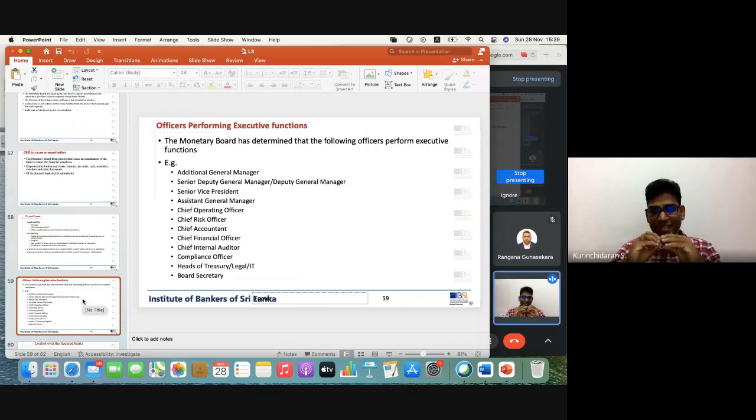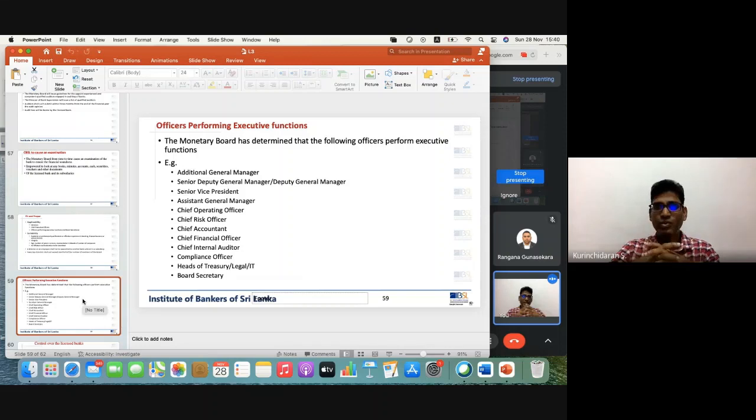So whenever we say officers performing executive functions, these are listed here, right? Who can be considered as the officers performing executive functions, because it's bank to bank, it's a different hierarchy. Some may be a flat hierarchy, some may be a pyramid hierarchy. So it's very difficult.